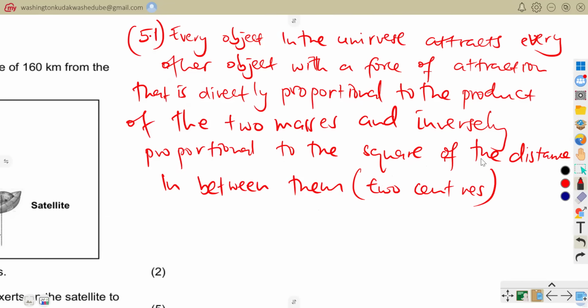It can be the distance between their two centers or in between them.